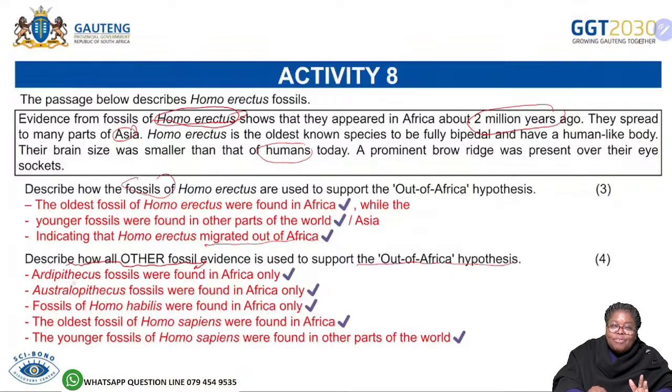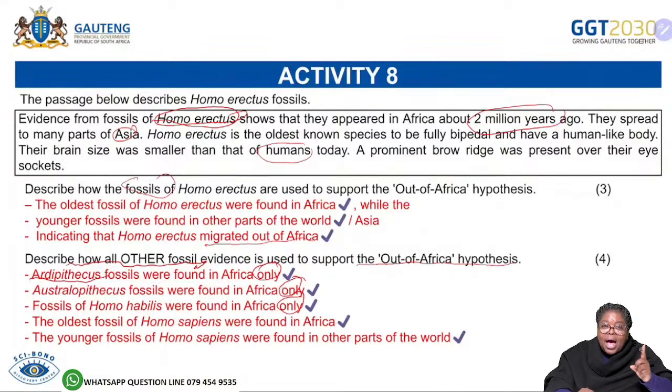So the other fossils, we are referring to what? Ardipithecus fossils were found in Africa only. Only is key. If you forget or if you write Africa, you're going to lose marks. So only here is key. Only here should be there. So Ardipithecus fossils were found in Africa only, nowhere else. Australopithecus fossils were found in Africa only. True.